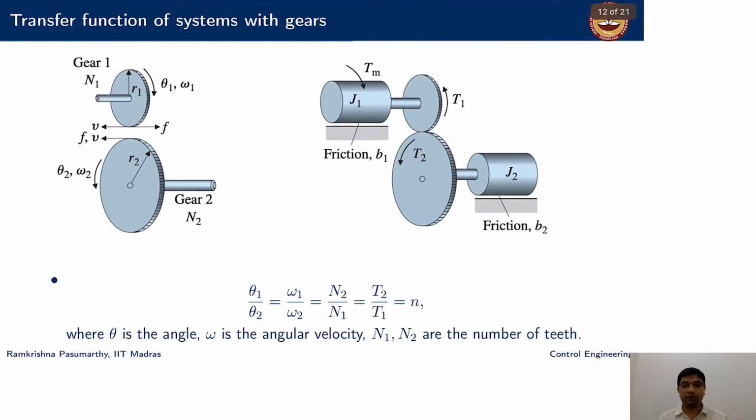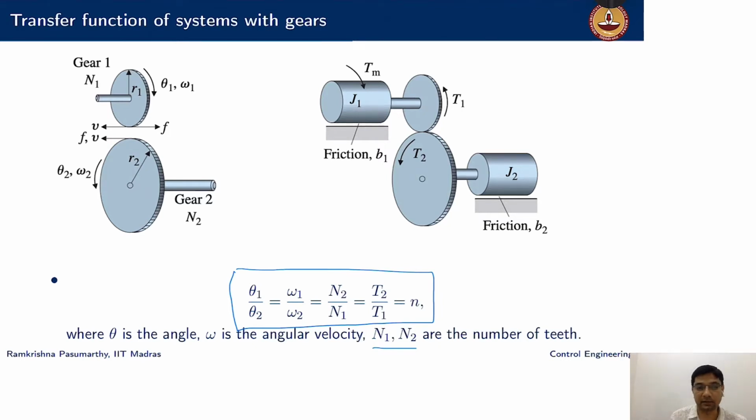Okay, one step further, how do I look at mechanical systems with gears? So what is happening here is I have a gear with a certain teeth ratio, N1 and N2, and in our week one lectures we saw how gears are modeled as per these numbers.